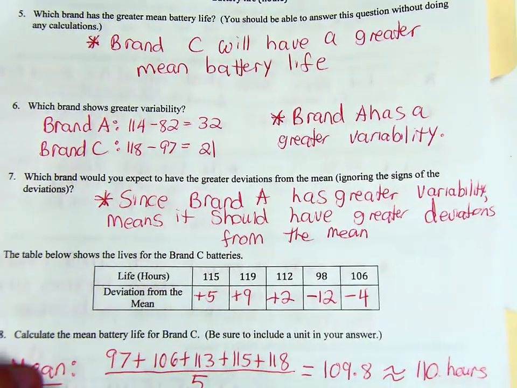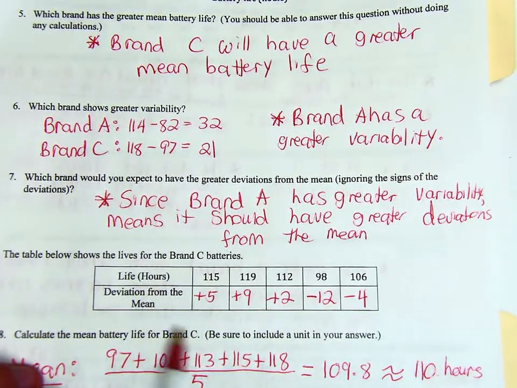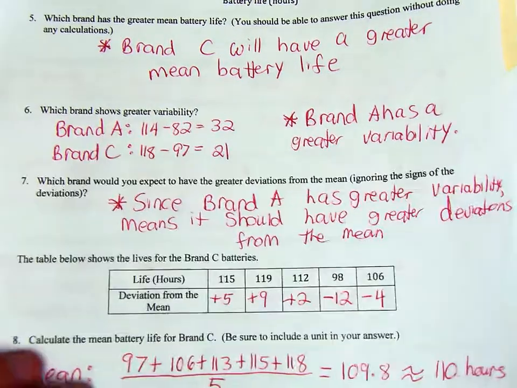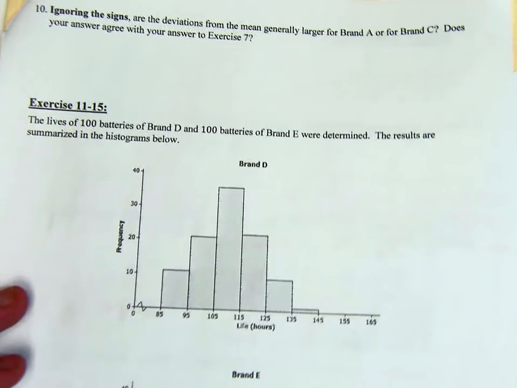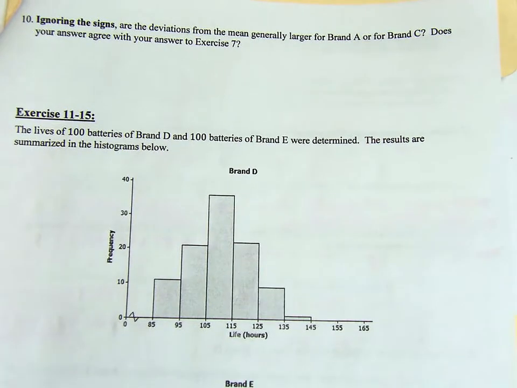So brand C seems to be less than brand A. So now we're back to our question for 10. It says, ignoring the signs, are the deviations from the mean generally larger for brand A or for brand C? We know that it's larger for brand C, or brand A rather.